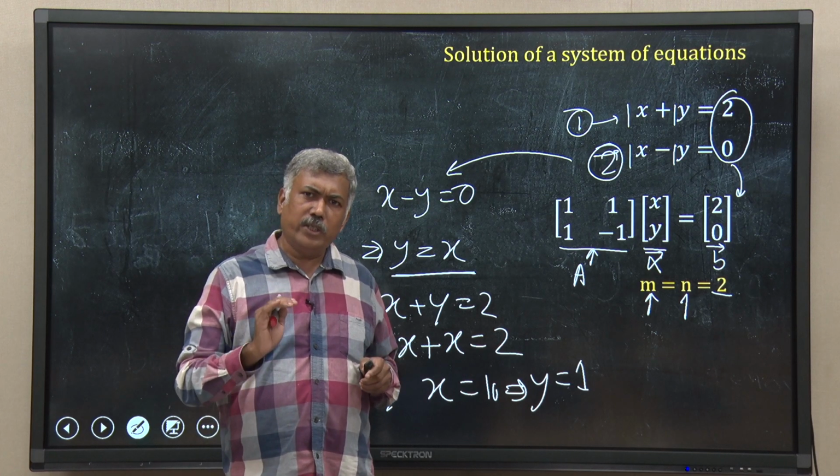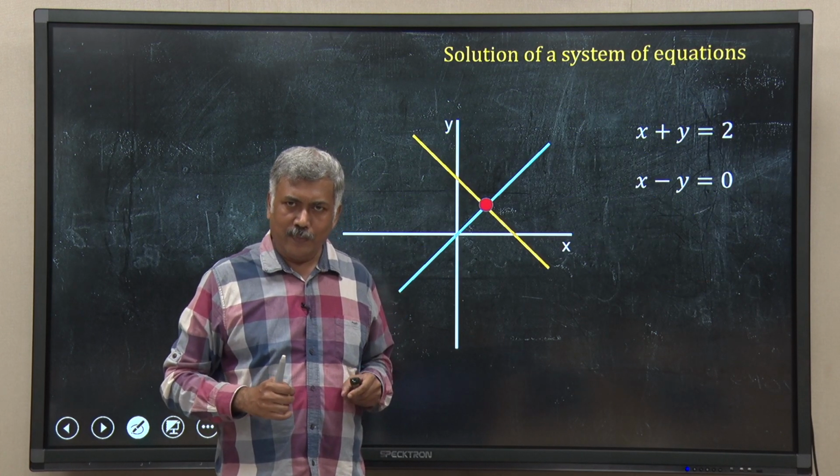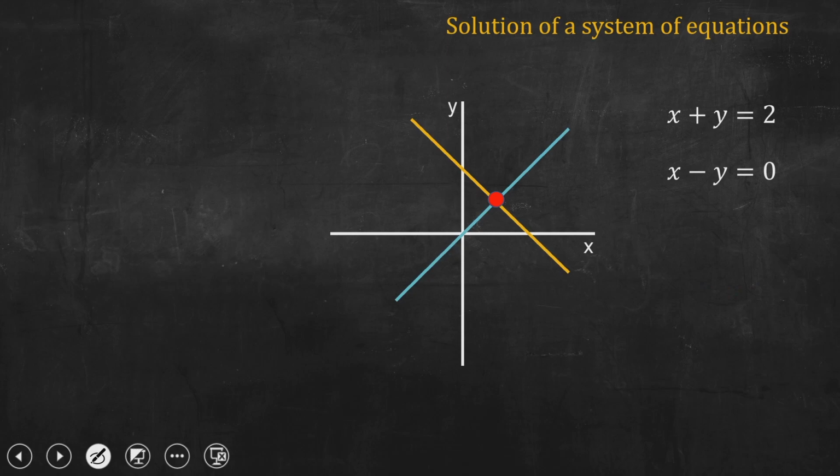But let us look into the geometric meaning of this solution. This is the first equation, this is the second equation. In this 2D space, I have drawn those two. Those are straight lines, right? Linear equations mean they are straight lines, and they are intersecting at this red dot.